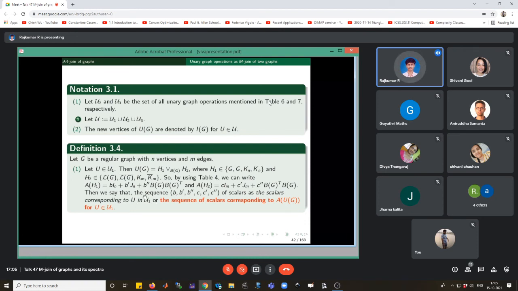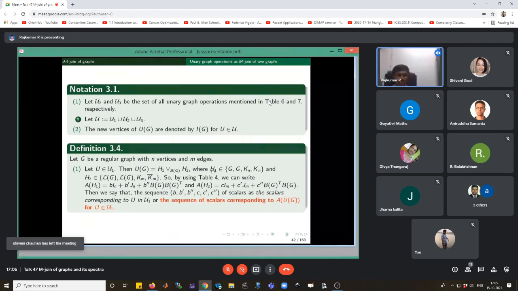Then we use some notations corresponding to each of the unary operations in U1 and U of G of a particular form. This is H1 join H2 with respect to B of G, where H1 is this type of graph and H2 is this type of graph.